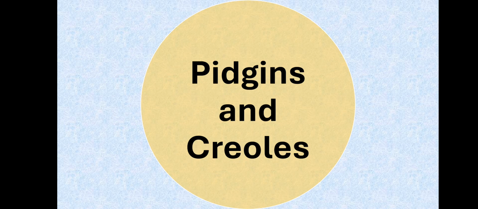So I'll provide many examples of languages which were originally pidgin languages. Later on they became Creoles, and today they have got some influence from standard languages, right? So let's discuss in detail pidgins and Creoles.